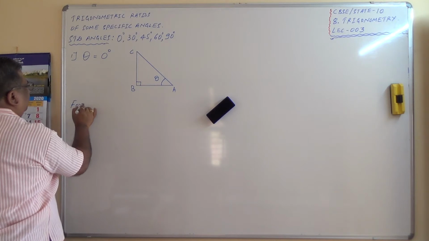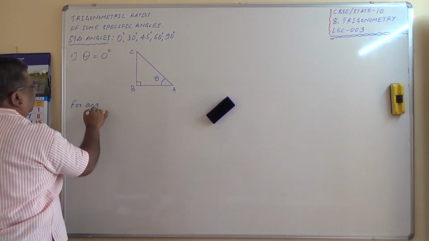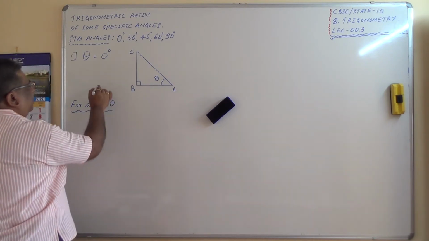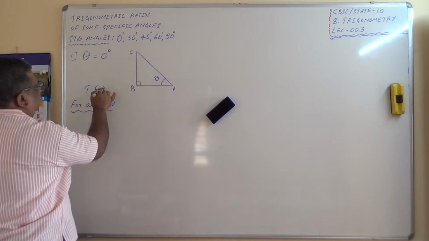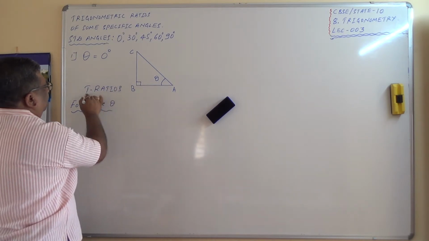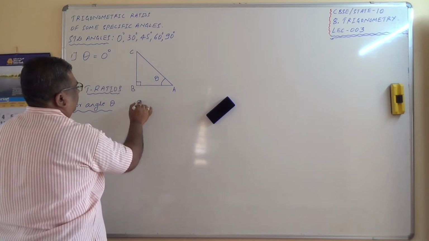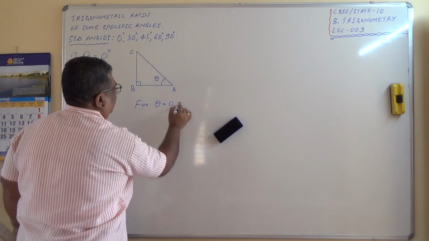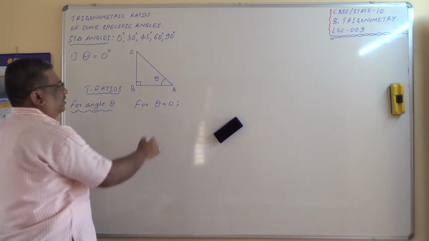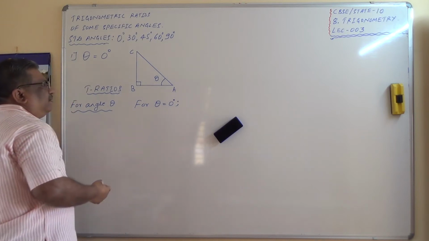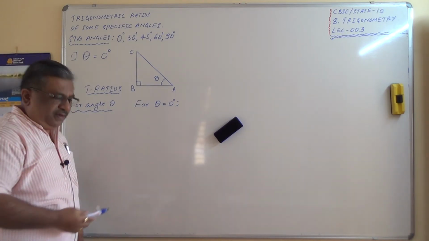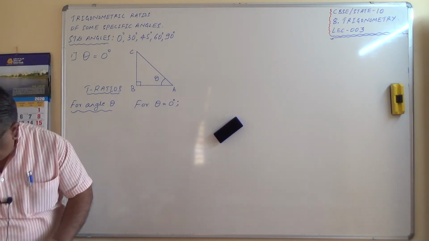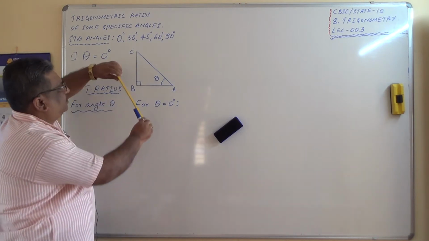For angle theta, we'll write the T ratios. And for theta equals 0 degrees, whenever this theta becomes 0 degree, what happens? This is the hypotenuse.